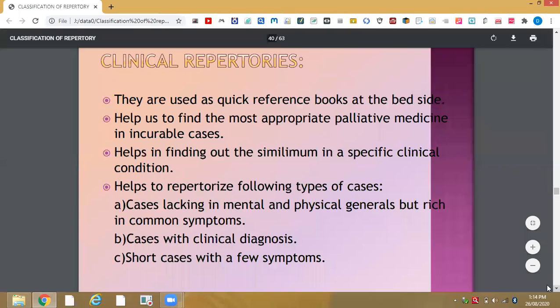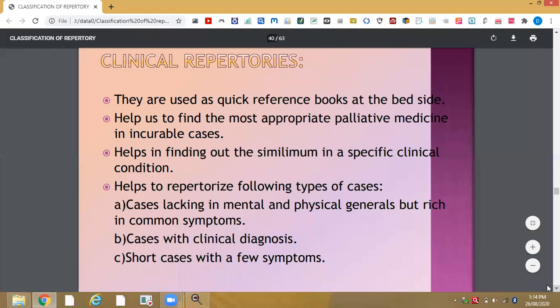Then clinical repertories. As we know, in these repertories the clinical rubrics are given, especially for advanced pathological conditions or any clinical condition.